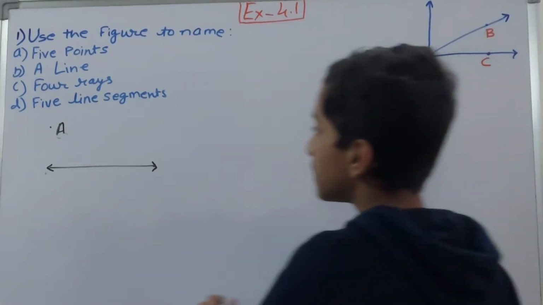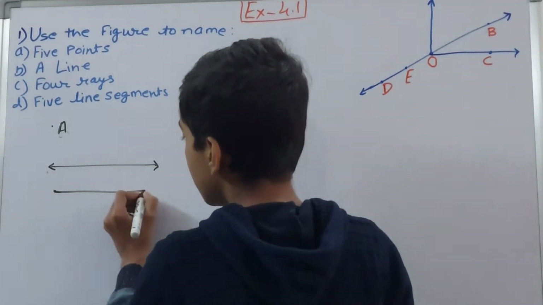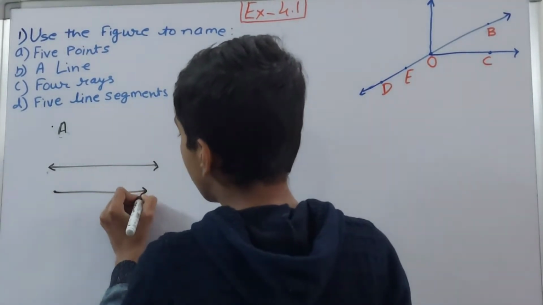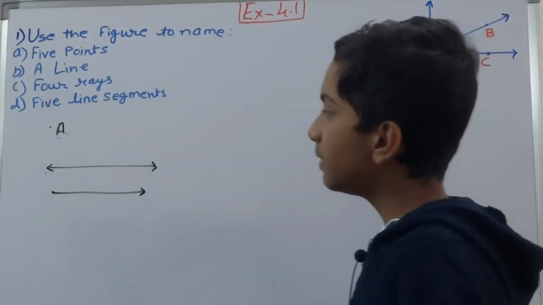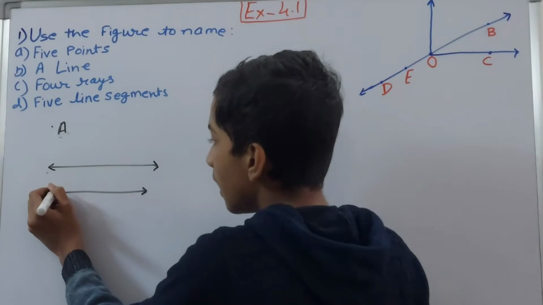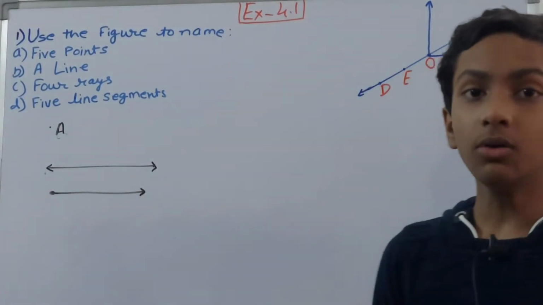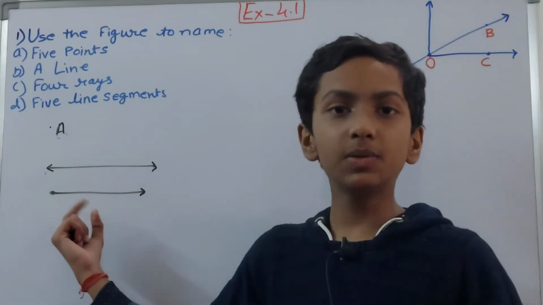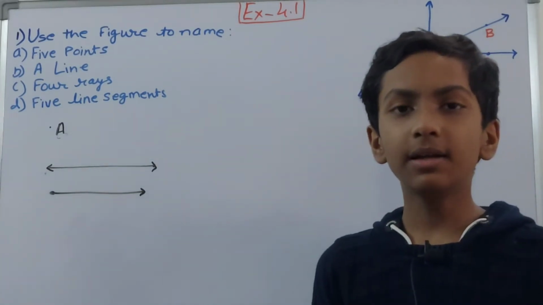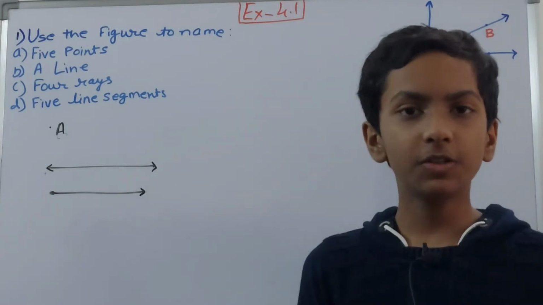Then rays. If I put a point here and again draw it like this, the difference between this line and this ray is that we have a point at one end and an arrow at the other end. The point denotes that the ray cannot be extended in the direction of the point.